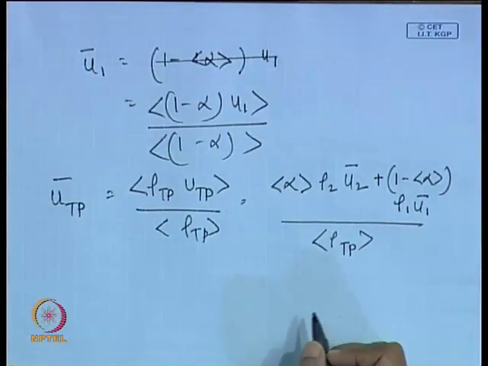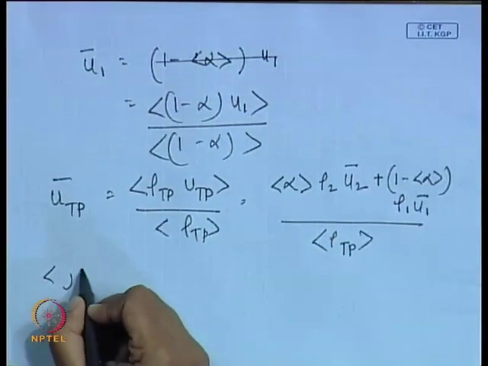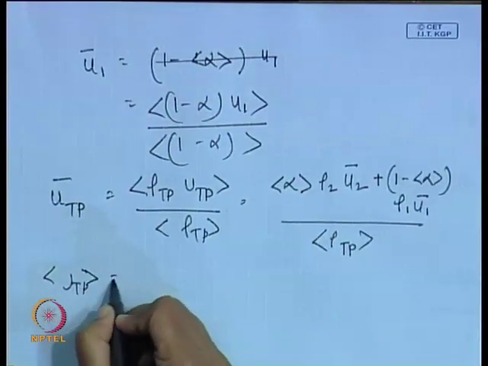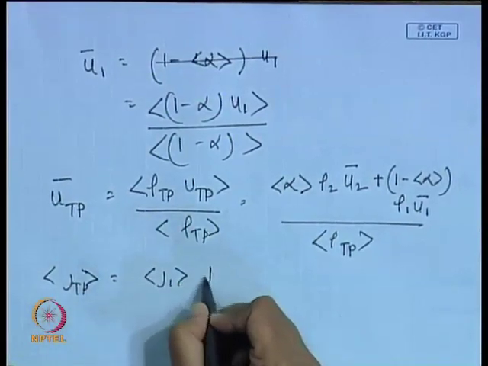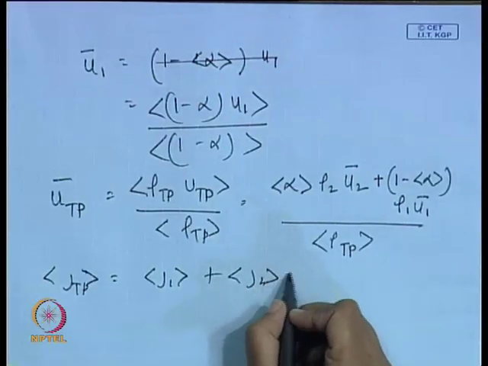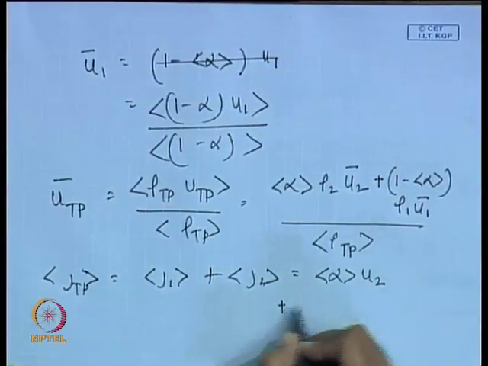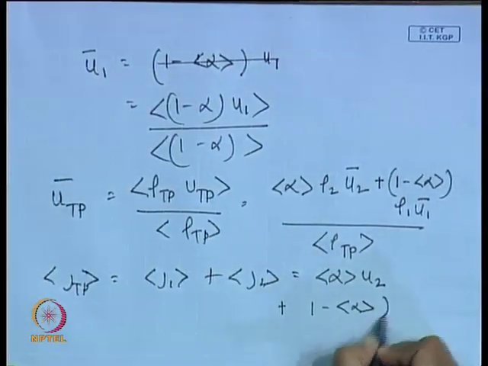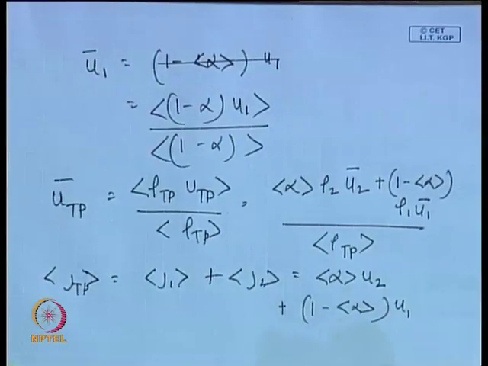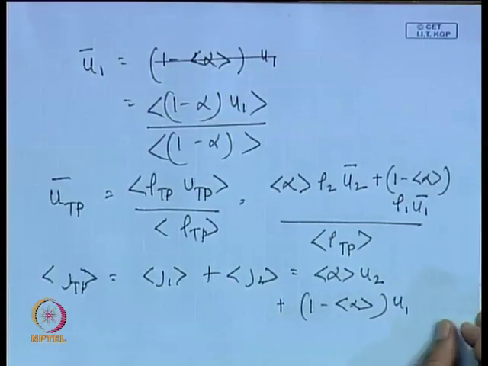This is the thing. And in the same way, if you find out the volumetric flux, say J Tp, this is J1 plus J2. Okay. This is nothing but alpha u2 plus 1 minus alpha u1. Okay. So, in this particular way we can continue and we can define all the different properties.